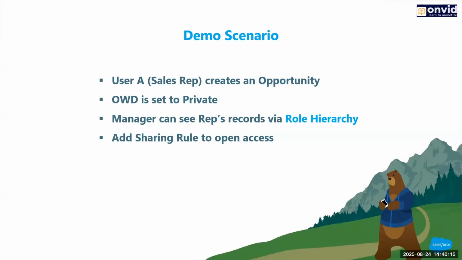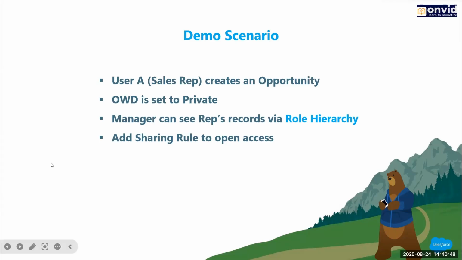A sales rep can create an opportunity, so we'll give access to the sales rep profile, so they can create an opportunity from the profile level. As we have studied about object level security, here we have access to the object. So the sales rep can create an opportunity.